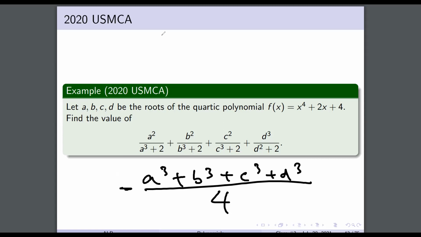Now, this is very important because, as we'll see later, we will be able to factorize this and simplify it.